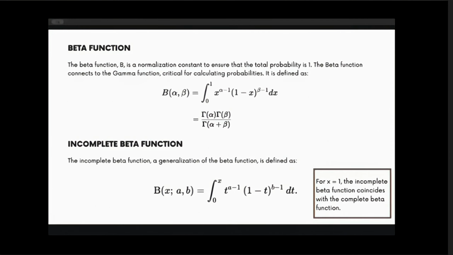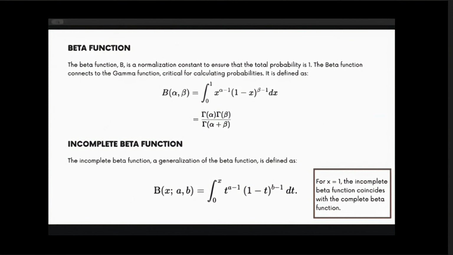Now, the next is the beta function. The beta function plays a crucial role in the beta distribution by ensuring that the total probability sums up to 1. The beta function is related to the gamma function, often used in probability theory. The next one is the incomplete beta function.